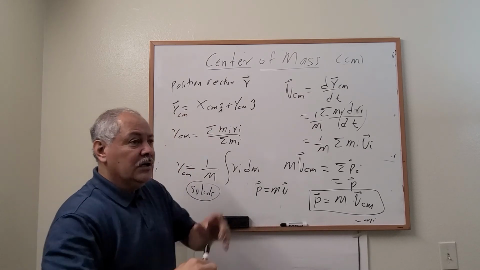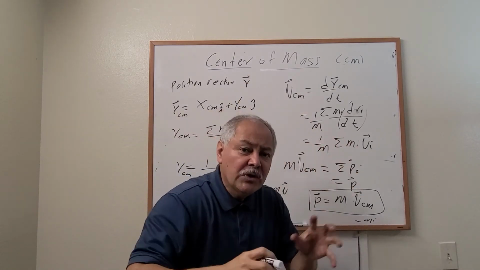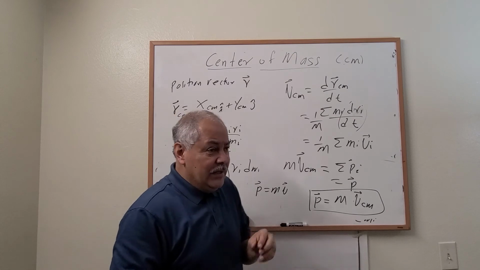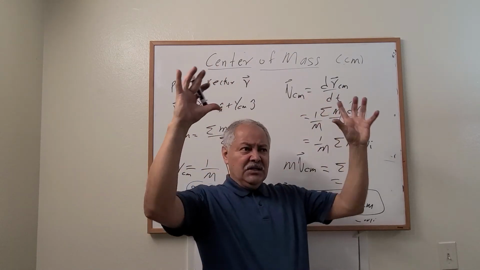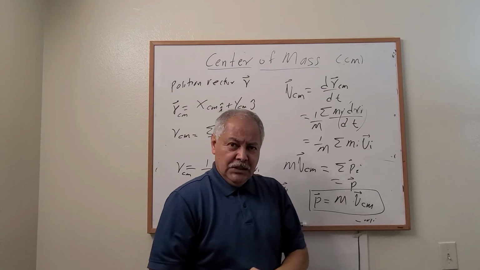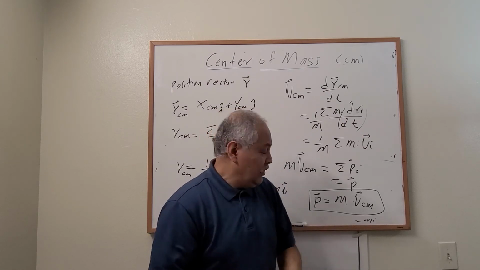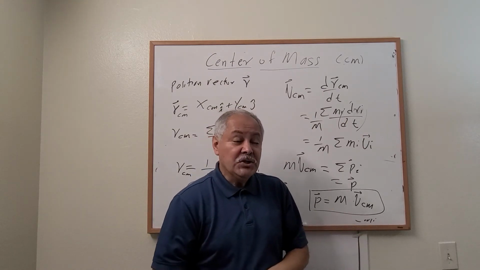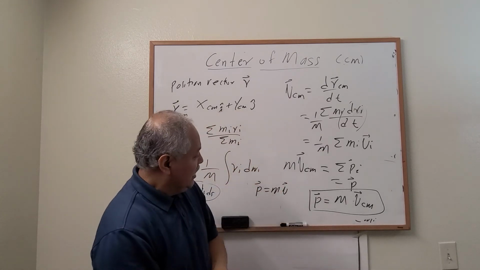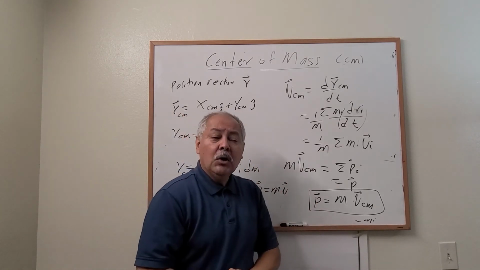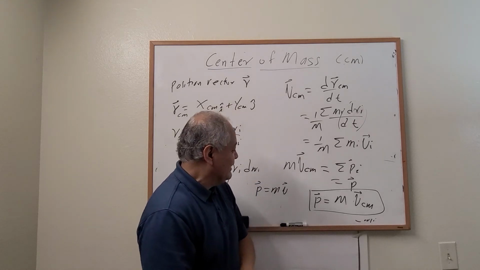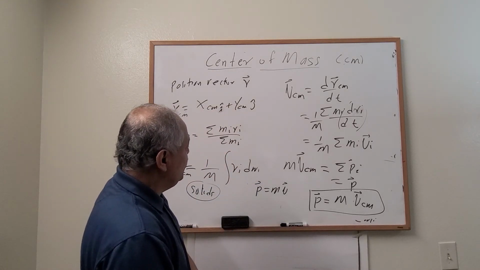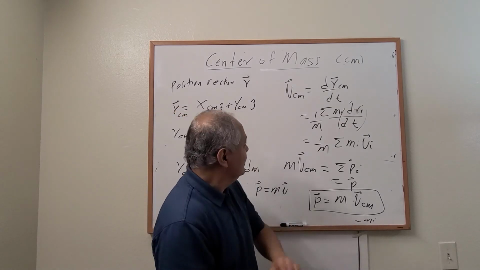Instead of working with particles individually, we work only with the velocity of the center of mass times the total mass of the particles. This simplifies the equation a lot when we have a system of particles and we're dealing with momentum, correct? Perfect.